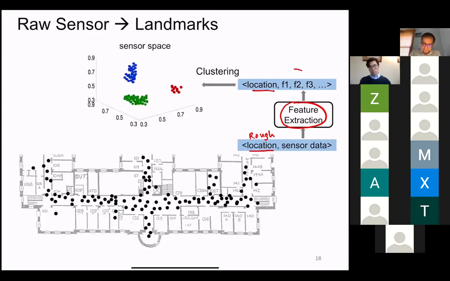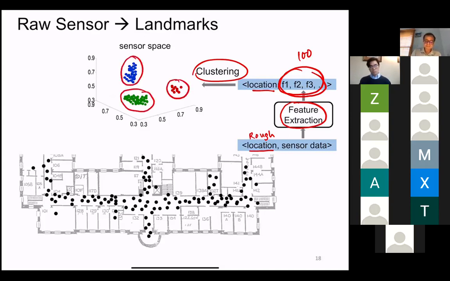Now, you take these features, let's say you have 100 features, and then in that 100 dimensional space, you cluster those data. You cluster on those features. Does that make sense? What is clustering? Basically, you ask what kind of patterns exist in the data that I have gathered.